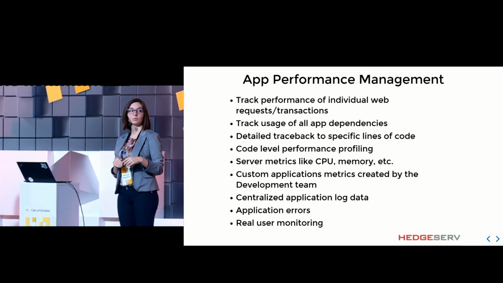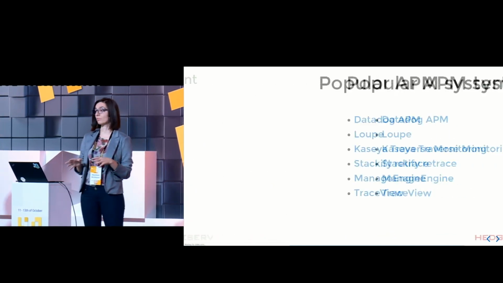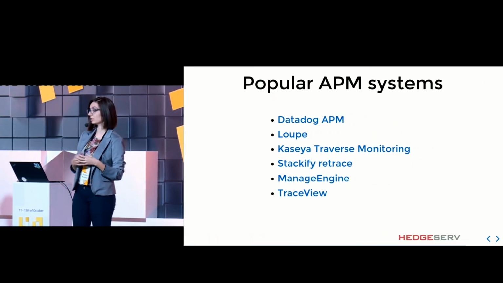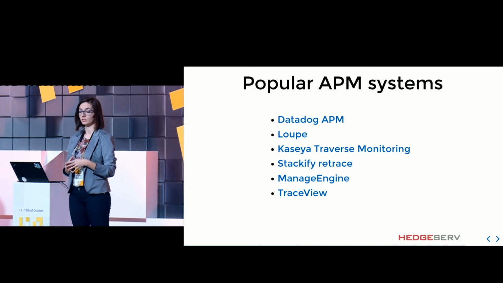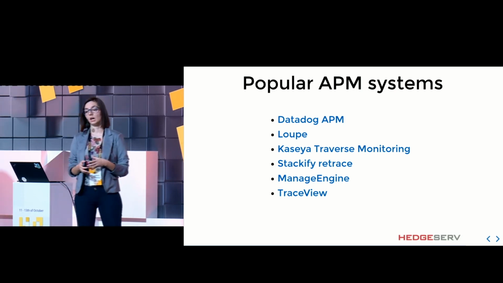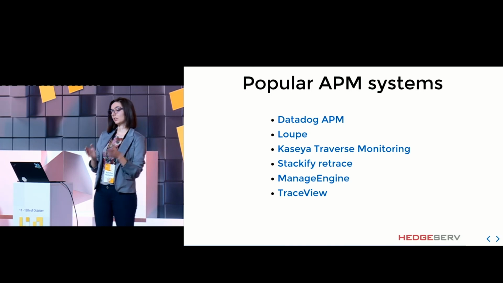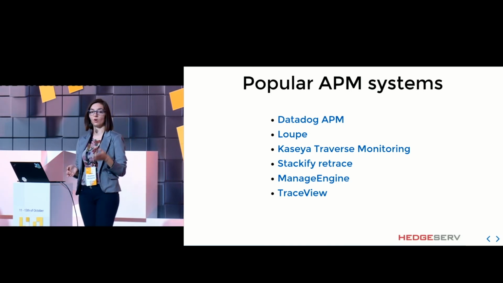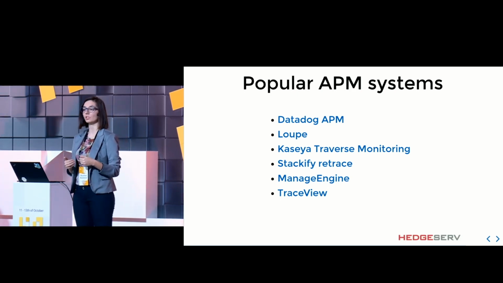And since we're talking about APM, the most popular ones are on the slide, at least these are the systems that I know, and I've used a couple of them. These are the links to the APM systems. After our presentation, you can open them and double check what their pros and cons are. For me, the biggest difference is the language.